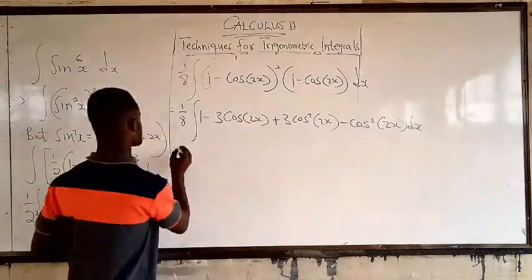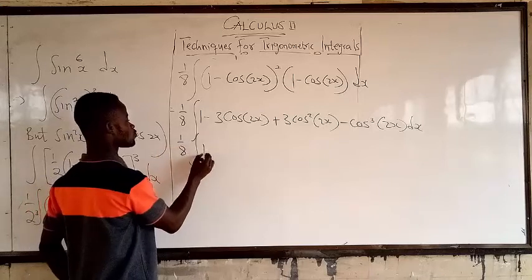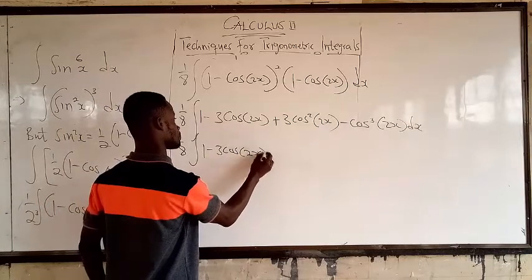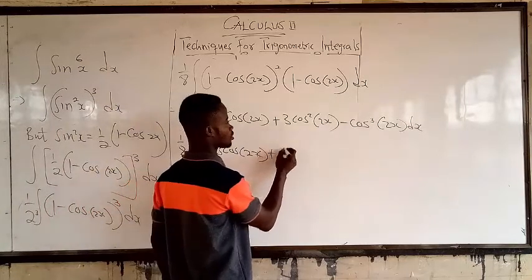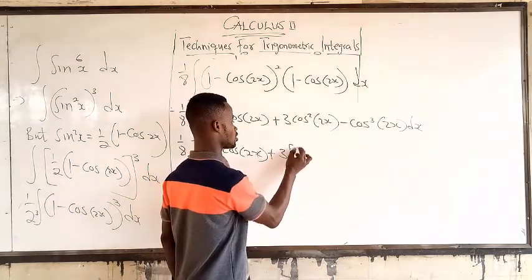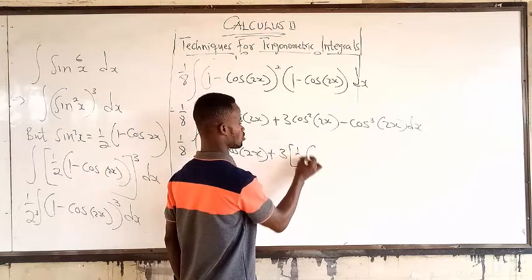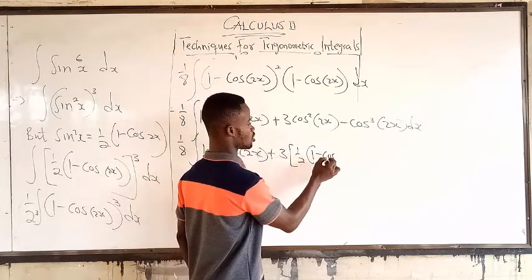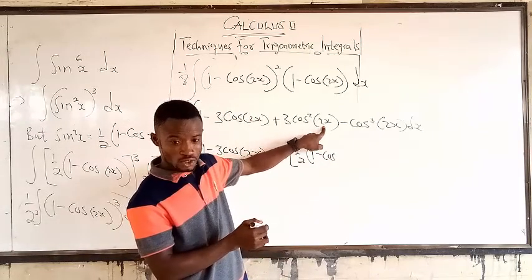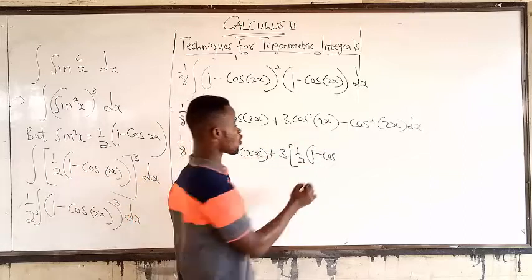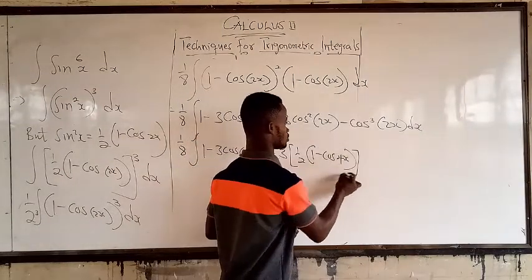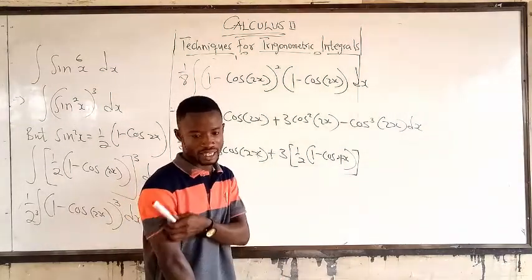So let's see. 1 over 8, the integral of 1 minus 3 cos 2x plus, here half angle, so it's going to be 1/2, 1 minus cos, don't forget here is 2x. So what will happen to the inside? It becomes 4x. So that is what we are going to get there.